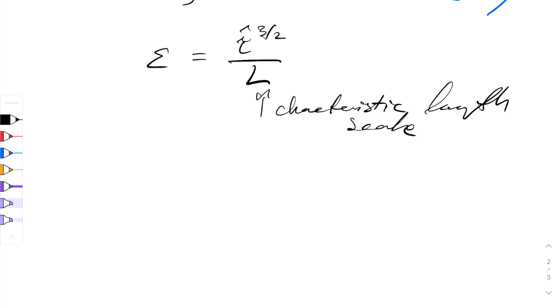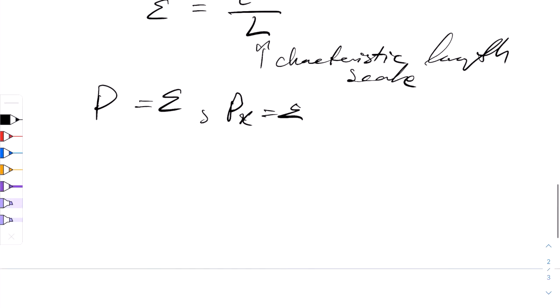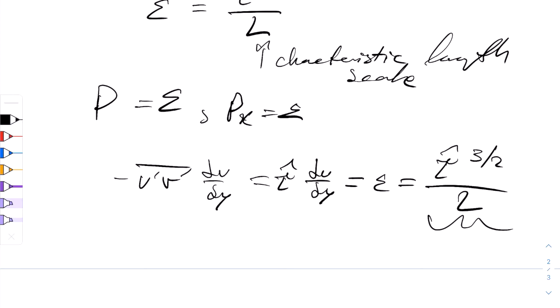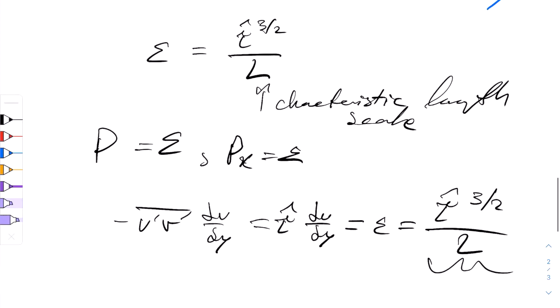And in the particular case of production being equal to dissipation, that is P_k is equal to dissipation, if we make this assumption, then we can rewrite, using 49 and 48 in our previous equations, a new equation, which is negative u prime v prime bar partial u partial y, so that's like a production term, equals tau hat partial u partial y, which of course is equal to epsilon, which is equal to tau hat to the 3/2 all over L, based on our dimensional analysis, which we showed up here.